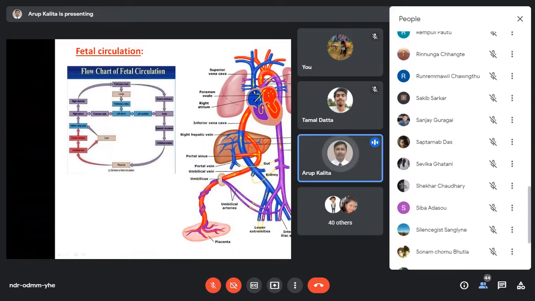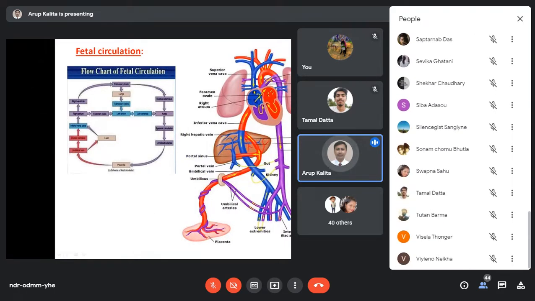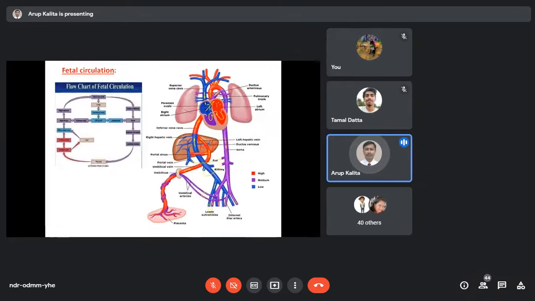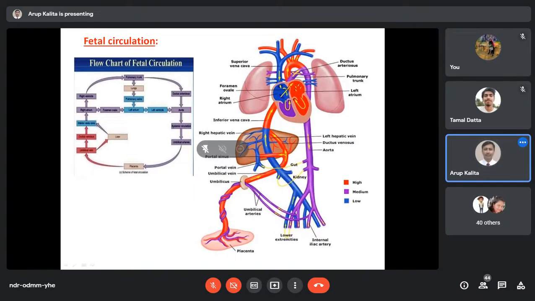Here you see the umbilical vein, there will be two mixing of the pure blood and impure blood. First, the umbilical vein carries the pure blood that will mix with the impure blood carried by the hepatic portal vein through portal sinus. So this is the first dilution of the blood.